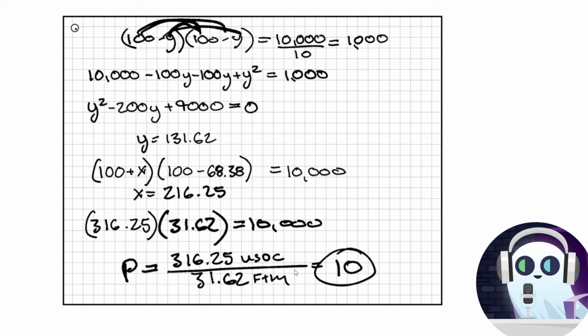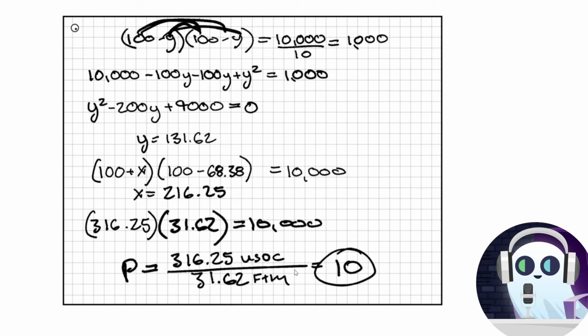That's what we were looking for. So that's how to calculate how much input you would need to reach a certain price. In this case, with a reserve starting with 100 USDC and 100 FTM at $1, you would need to put in 216.25 USDC in order to get Phantom up to $10.